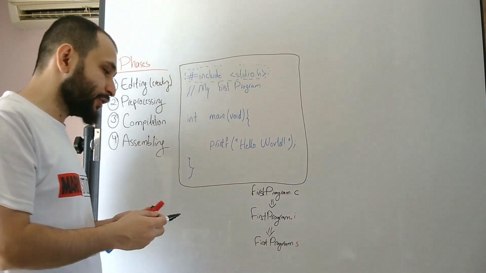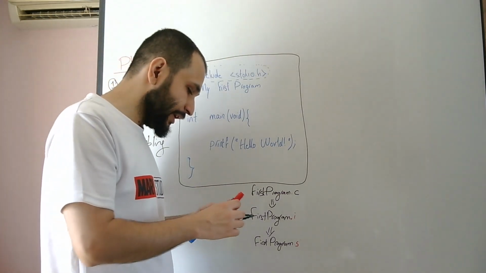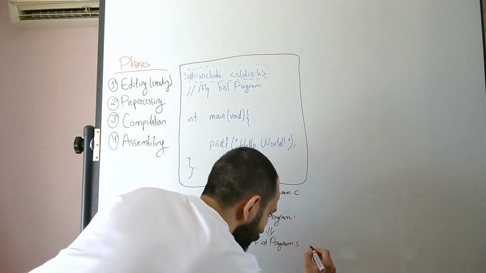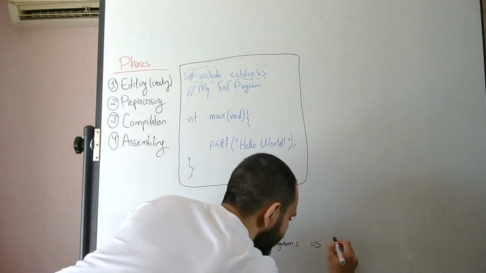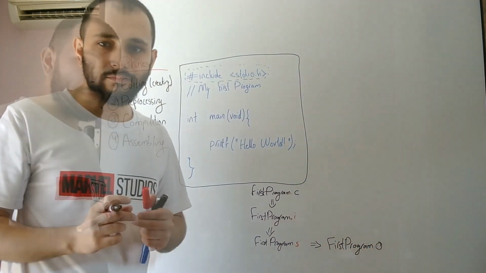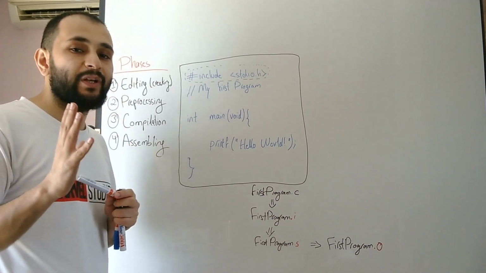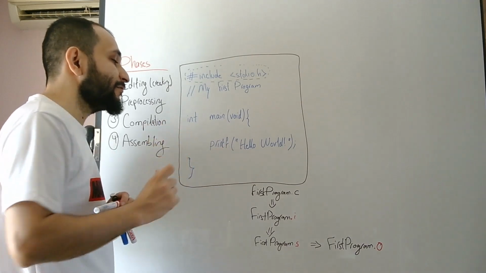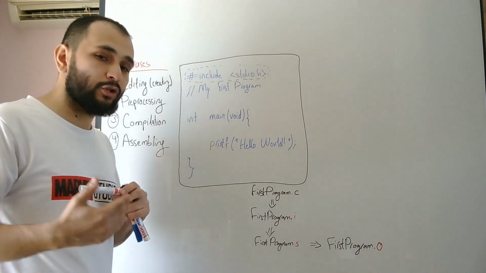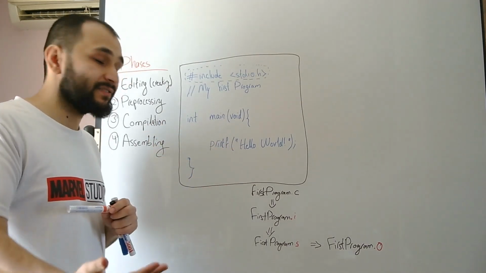So the output of this phase is going to be first program.o, so here you have the first program.o file. But in this phase, some things are still not resolved, such as the printf function. The printf function is going to be resolved later on in the next phase.